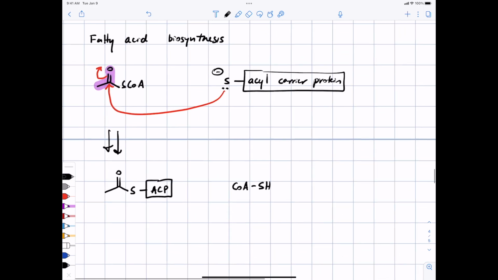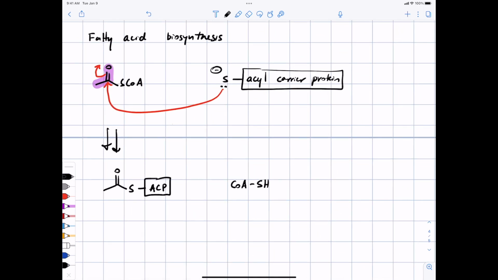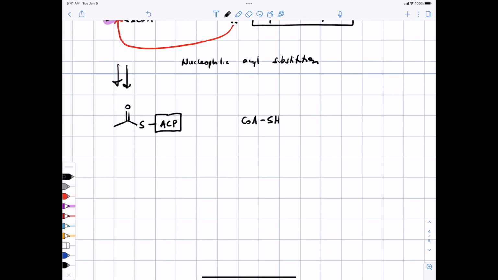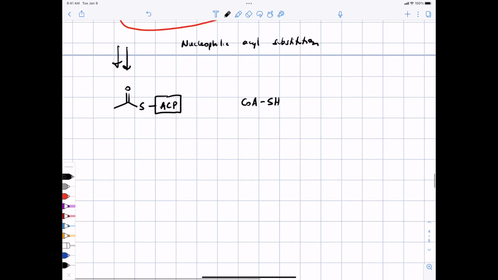So this is not the Claisen step. This is nucleophilic acyl substitution. Once you've got the acetyl group on the carrier protein, the Claisen reaction can happen.